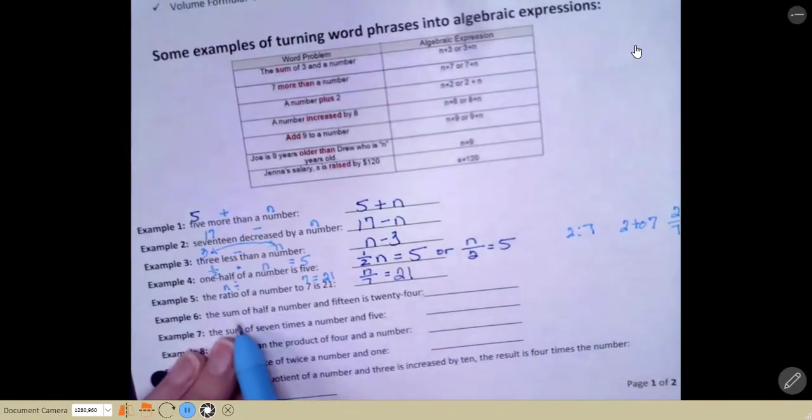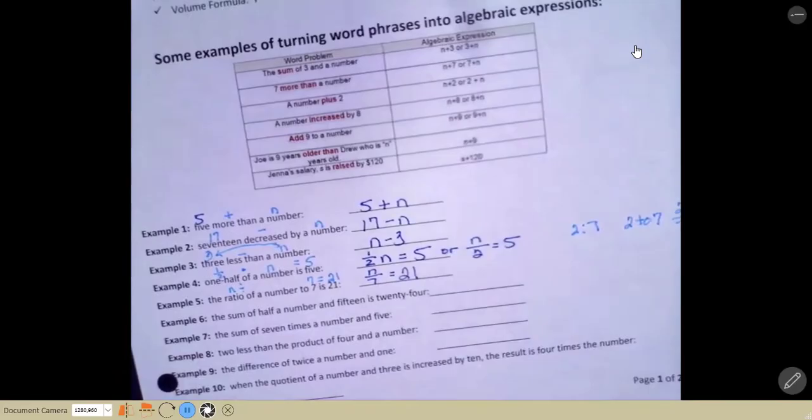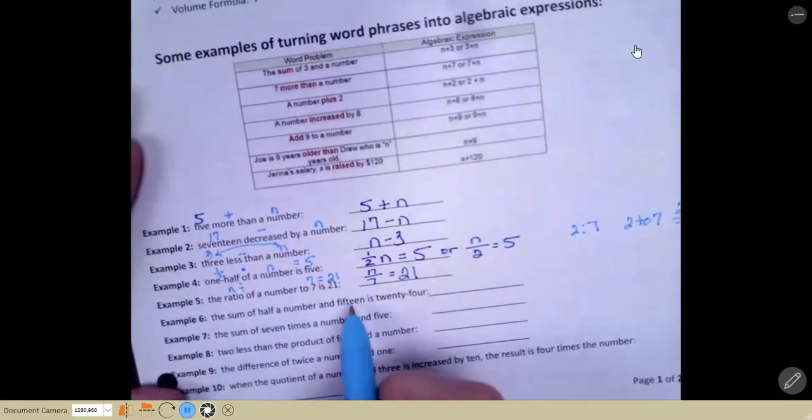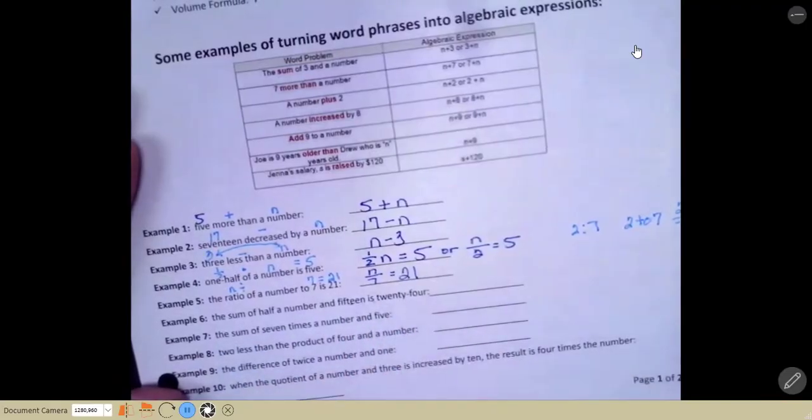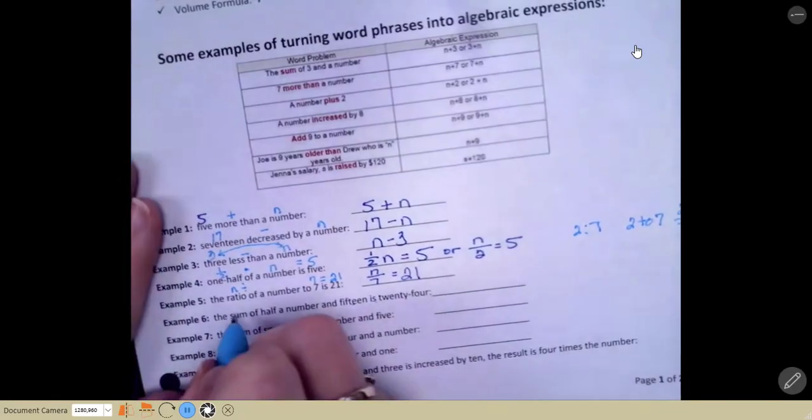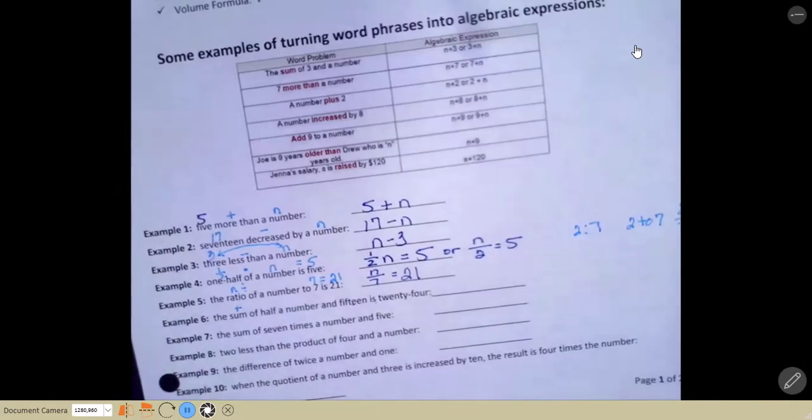All right. The sum of half a number and 15 is 24. This is where sometimes you have to mix up the words a little bit. So the sum of these two numbers is 24. Does anyone know where we would put, first of all, sum means addition, right? So where would we put that addition symbol?